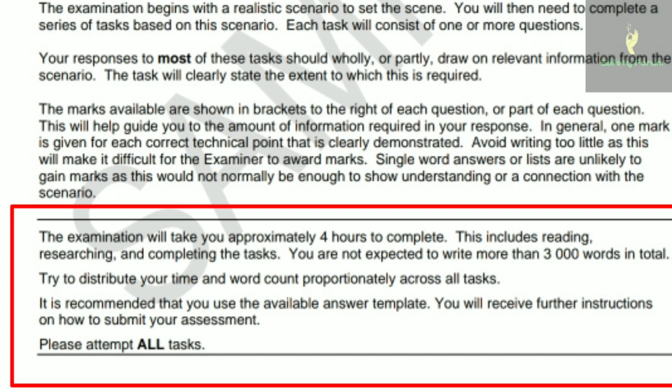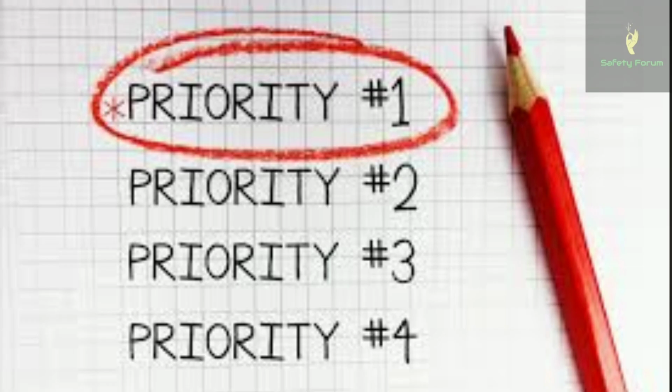Even in all my notes which I have published in my channel, I used to say very clearly, always try to prioritize your answers. What I meant by priority is, you have to write the important or the exact answers first. You can write many points, but the important one you have to write first.